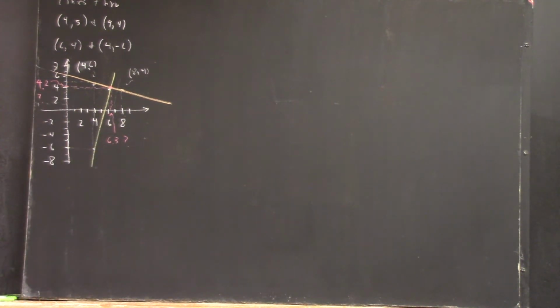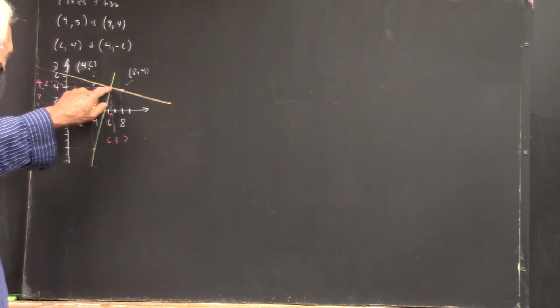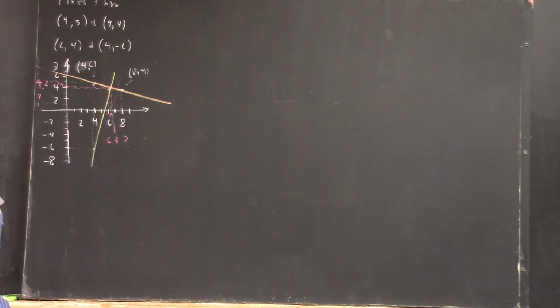Maybe even 4.1 the way I've drawn it. Okay? Except I drew that dotted line a little bit below the center of my red dot. Should have been a little higher, so I'm fudging a little bit. Okay? Honest estimate, the way I drew the line would have been 4.1. Okay.